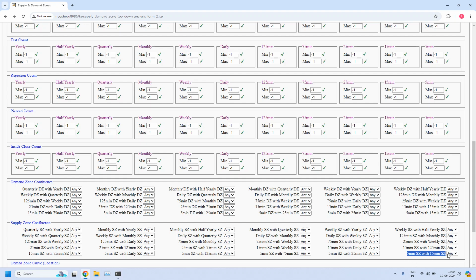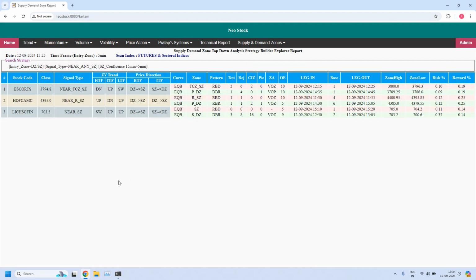So I'm enabling 5 minute supply zone with 15 minute supply zone confluence. Now let's filter. So these 3 stocks are having supply zone confluence. Okay, this is about stocks near demand and supply zones.